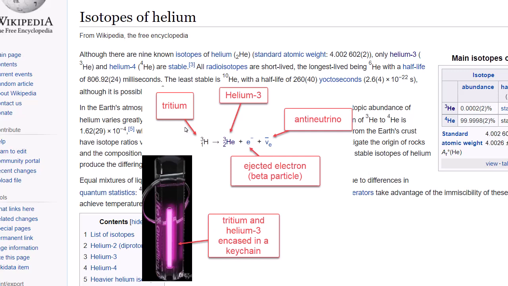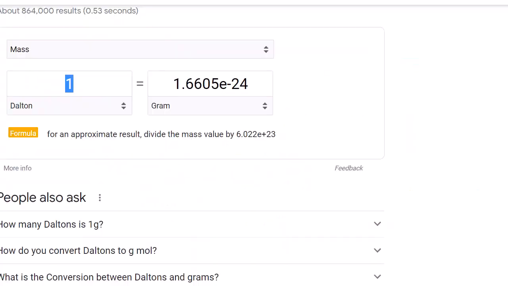But let's go back and try one other thing just to move this through. You can look up a mass. This is Daltons, and 1 Dalton is 10 to the negative 24 grams, very, very small mass in grams. And our helium, as I said, is either 4 grams per mole or 4 Daltons.